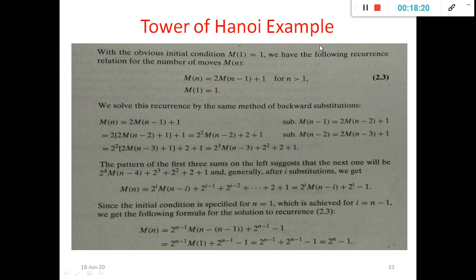Since the initial condition is specified for n equal to 1, that is the terminating condition, when the number of moves becomes 1, it takes only one move, which is achieved for i equal to n minus 1.